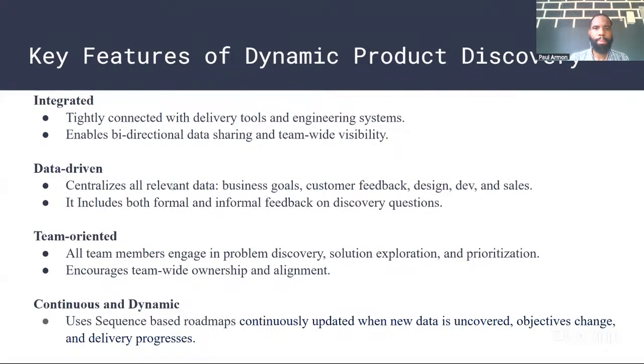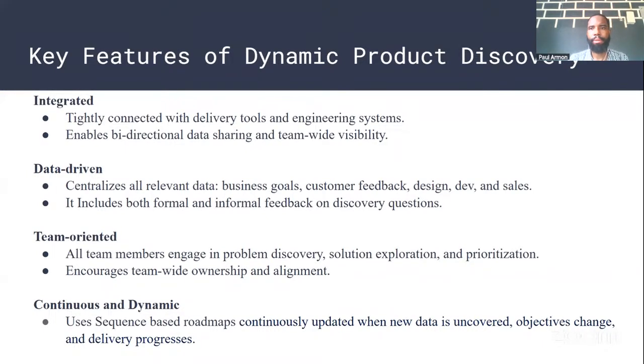Next, I'm going to talk about the key features of dynamic product discovery. First of all, it's integrated, right? That is, it's tightly connected with delivery tools and engineering systems. It enables bi-directional data sharing and team-wide visibility.